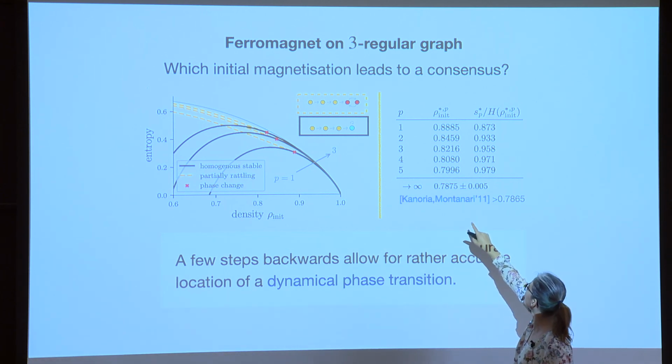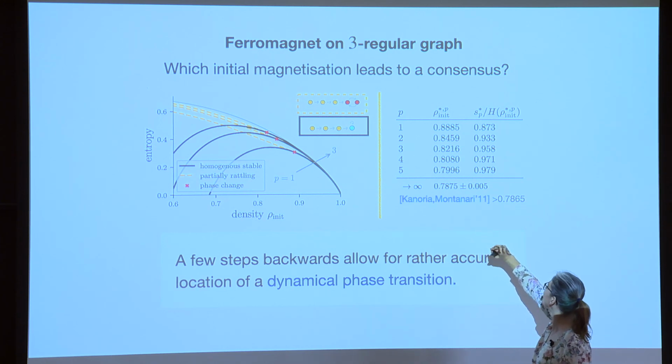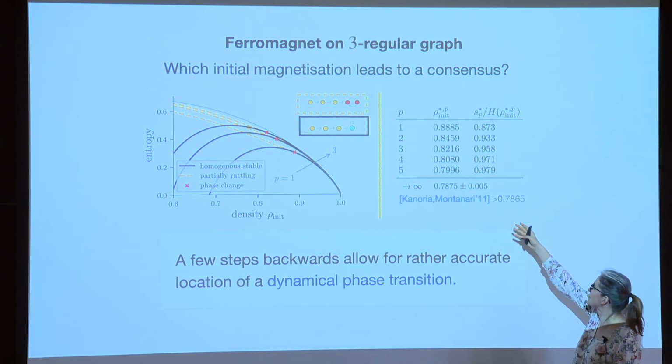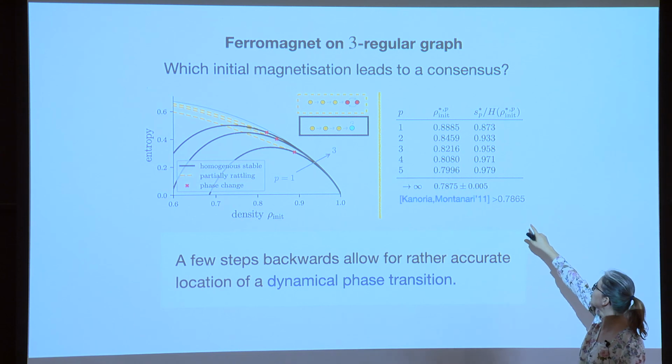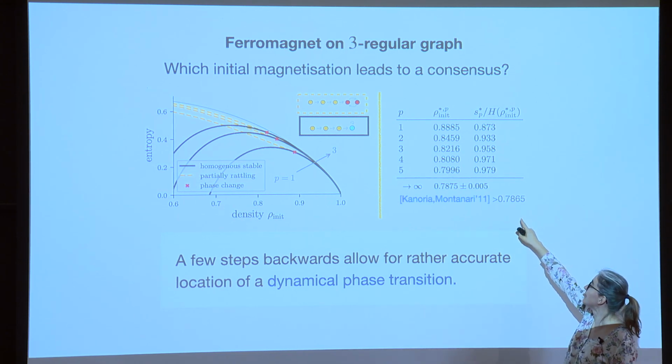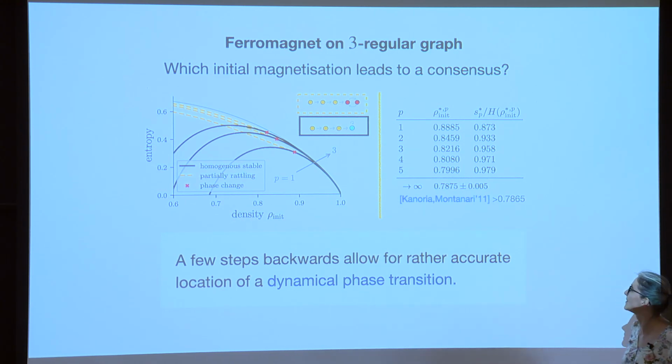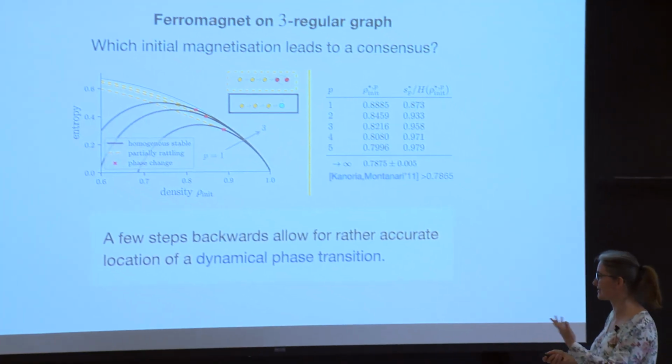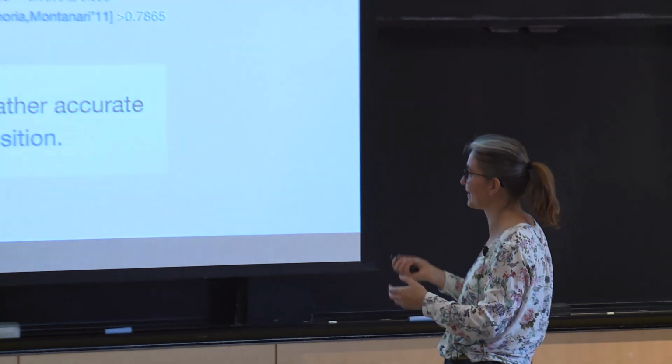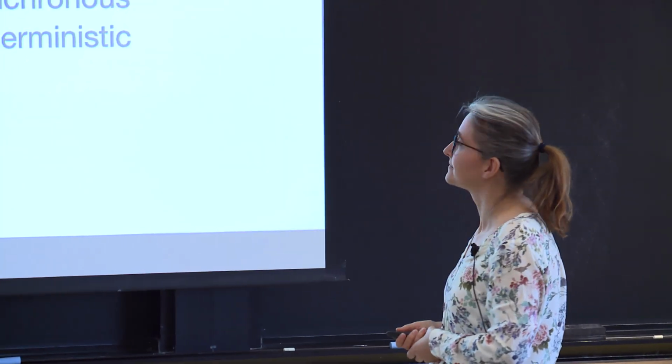And it is somewhere at 0.7875, which is consistent with numerics, and this is close to the best known lower bound from about 10 years ago, from a paper that obtained it by a different, related but not the same kind of method. So we can look at things like that. I don't know if in social sciences people care about these kinds of consensus dynamics on random graphs, but this might be an interesting method to analyze some of those.